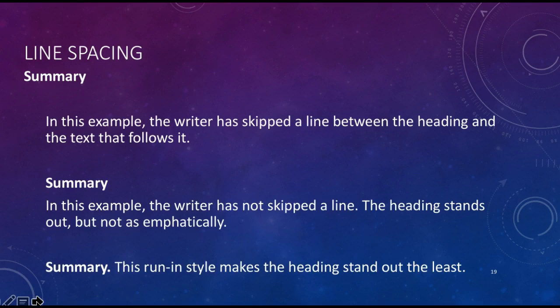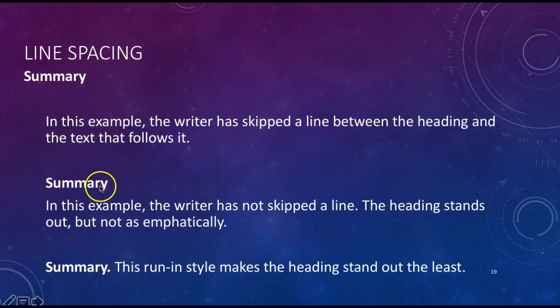Another element of design that we want to think about or consider when we're designing documents is line spacing. Now in technical writing, we pretty much are single spaced almost consistently throughout. So we're single spacing. However, there's a couple of different ways that you can organize the page. You can have your subtitle, summary, skip a line, and then have the text that follows.